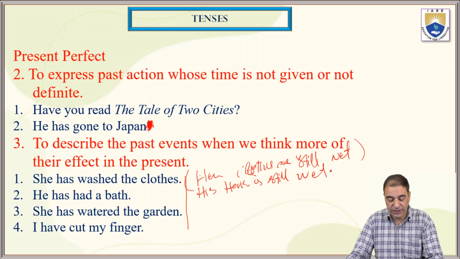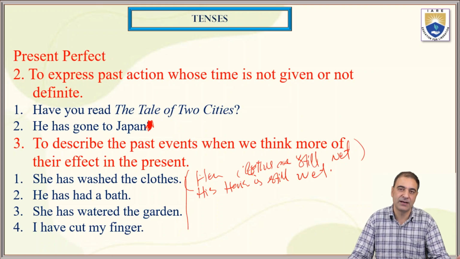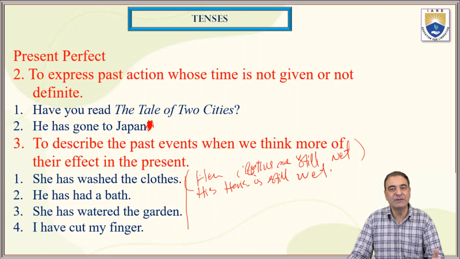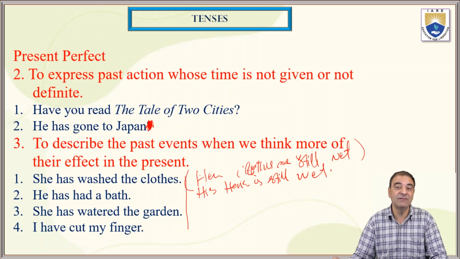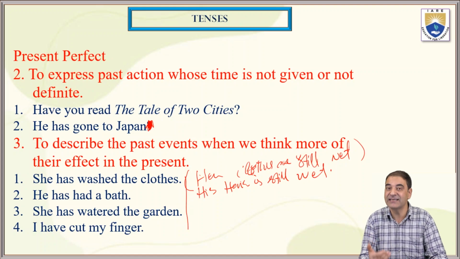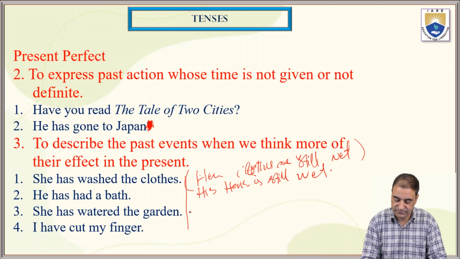Okay, now the next one, she has watered the garden. When we say she has watered the garden, it is something which she has done in the past. But the effect of that action is still felt in present. And the next one, I have cut my finger. It is something which I have done in past, but its effect is still felt in present. And what's that effect? That effect is my finger is still bleeding.